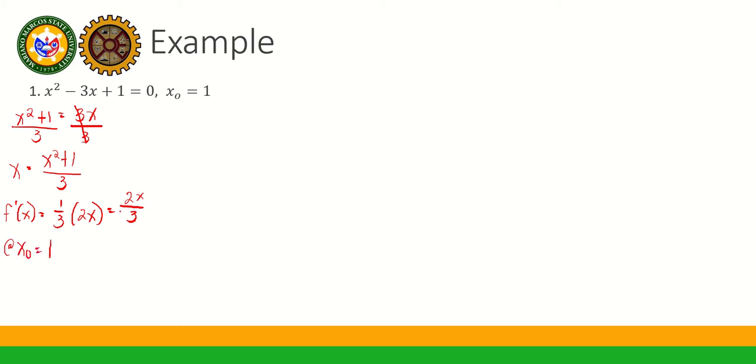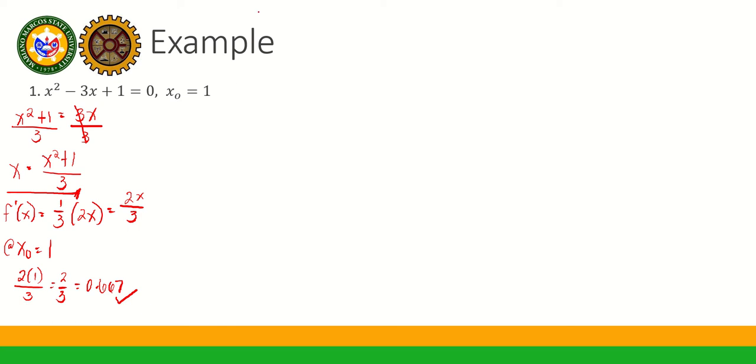Plug natin si x sub 0 dito. So, 2 times 1 over 3 is equal to 2 over 3, or in decimal, that is 0.667. And it is less than 1. So, we can proceed to iteration. Ibig sabihin, we can use this equation in our iteration.